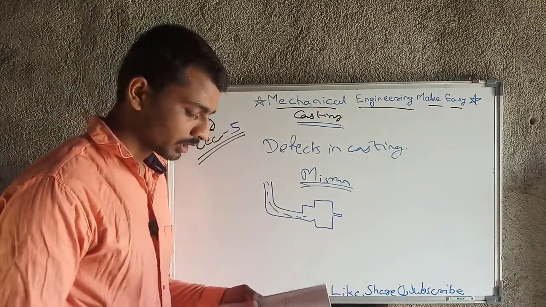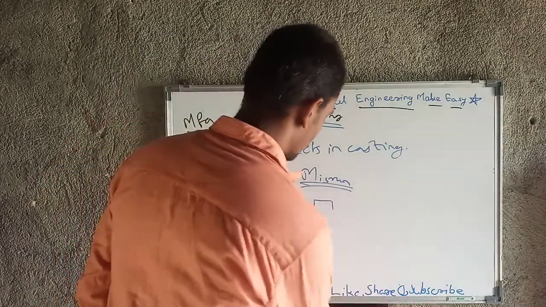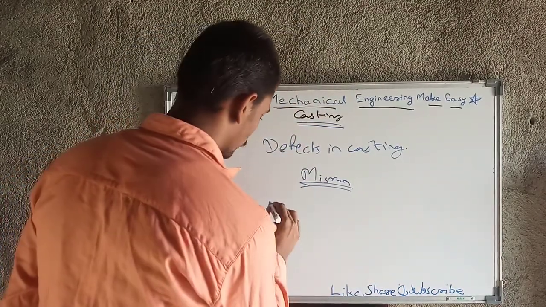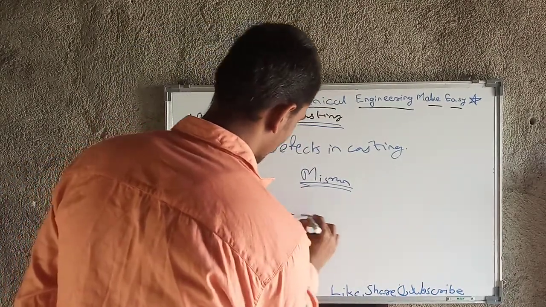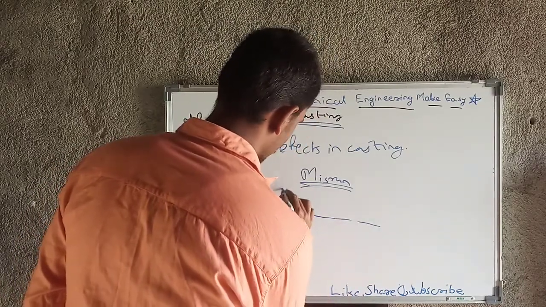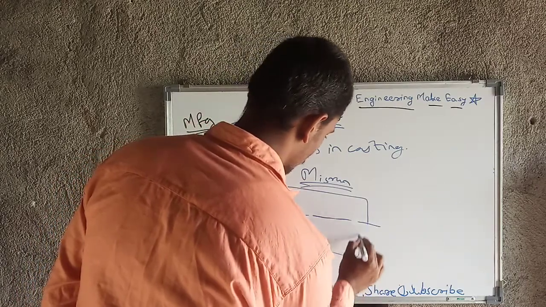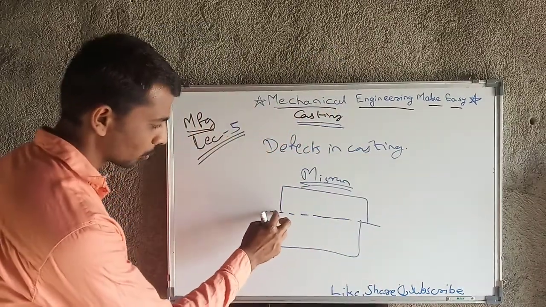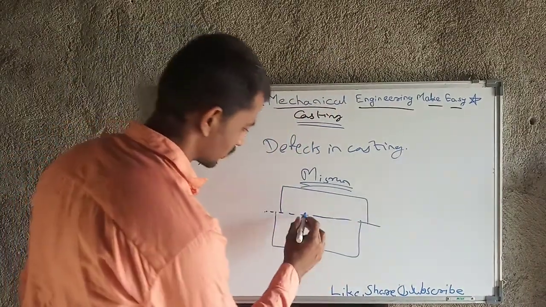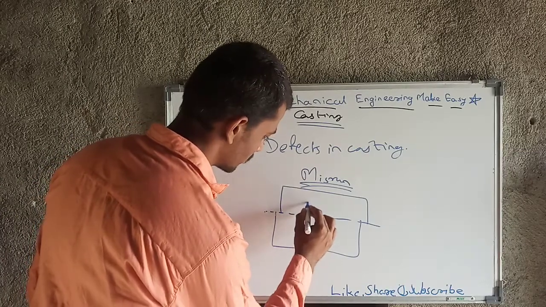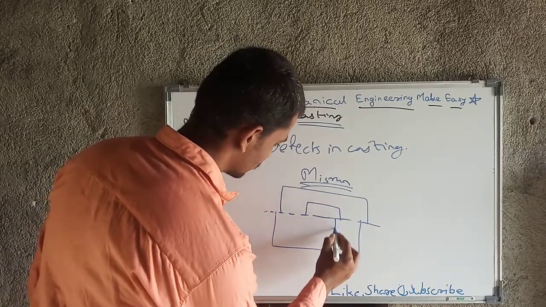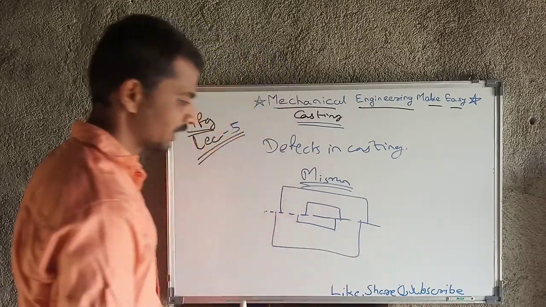Then shift. What happens is, if there is one cope, okay, this is the parting line, this is the cope, and this is maybe the drag. The cope and drag are not perfectly matched, and because of that, the cavity in the cope and the cavity in the drag are offset from each other.